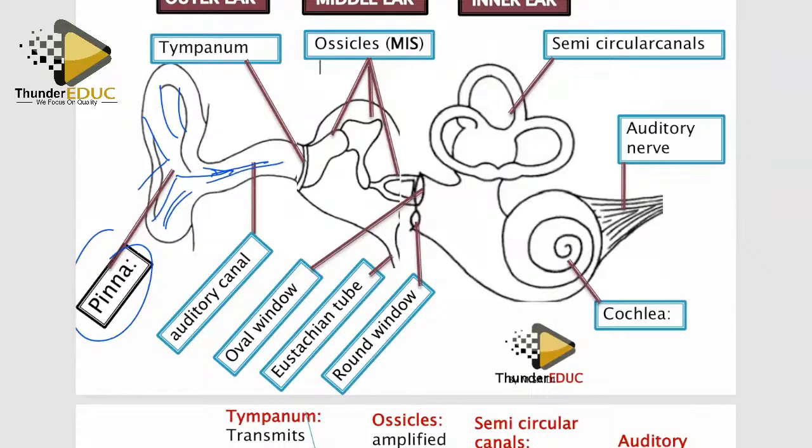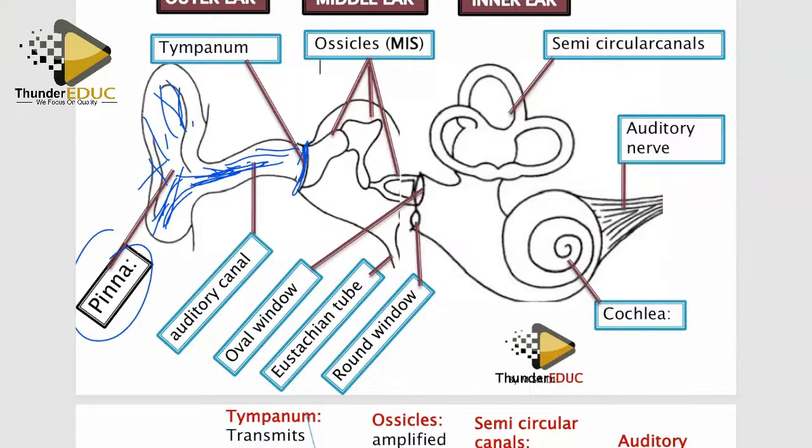The auditory canal will transmit the wave to the tympanic membrane. I'm just talking about the part and the function, and putting them together forms the process of hearing.